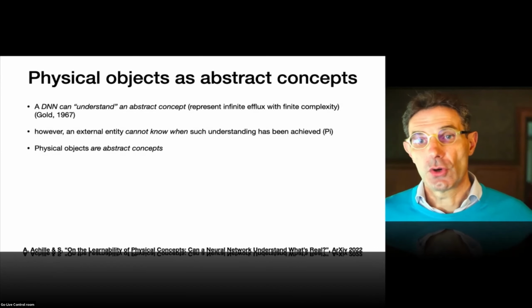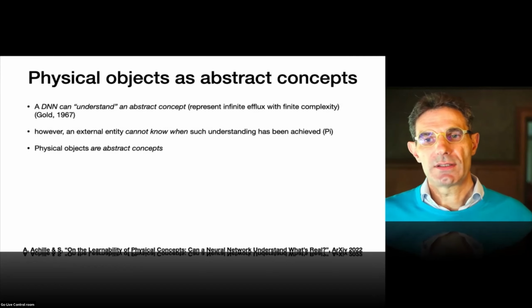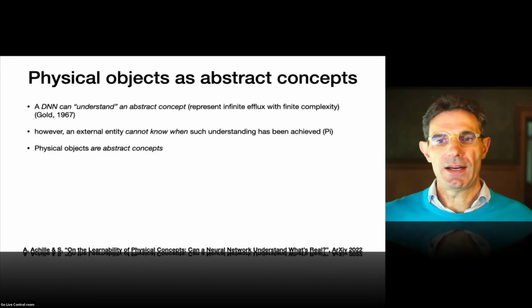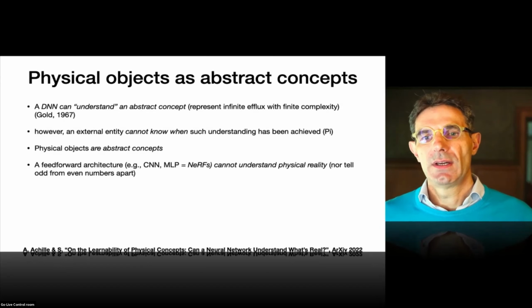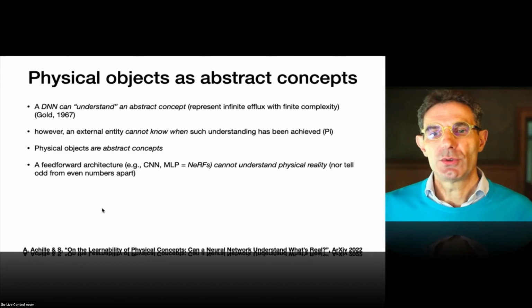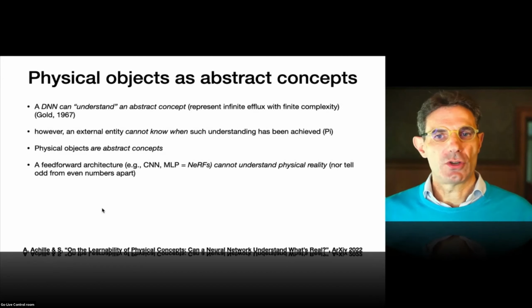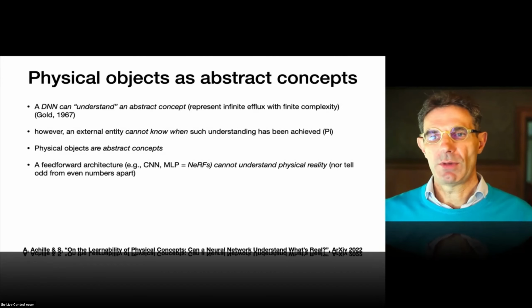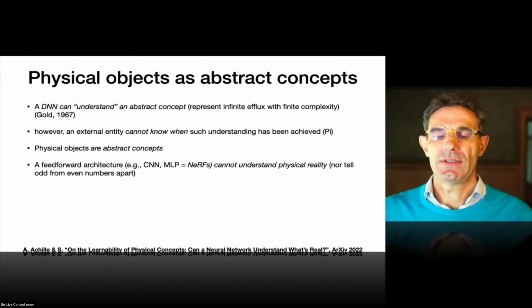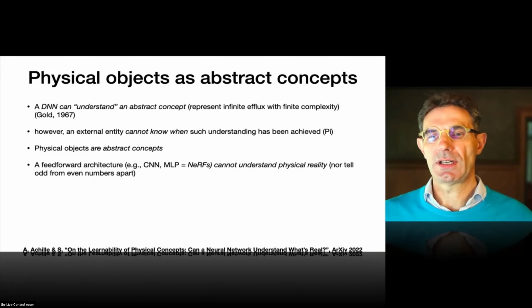So the second point we make in this paper is that physical objects are abstract concepts. There really is no difference between pi and a physical scene. However, the bad news is that a feed-forward architecture, no matter how big, no matter how many data it is trained with, cannot understand physical reality. In fact, a CNN cannot even classify even from odd numbers beyond a certain size.